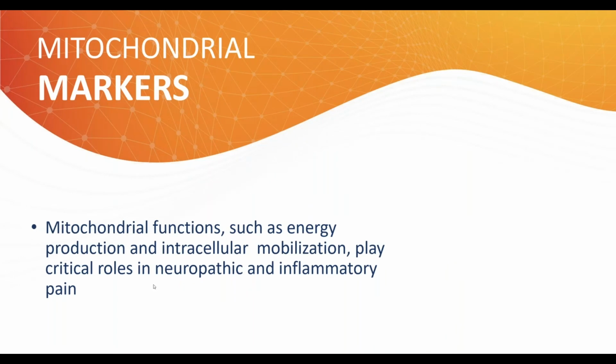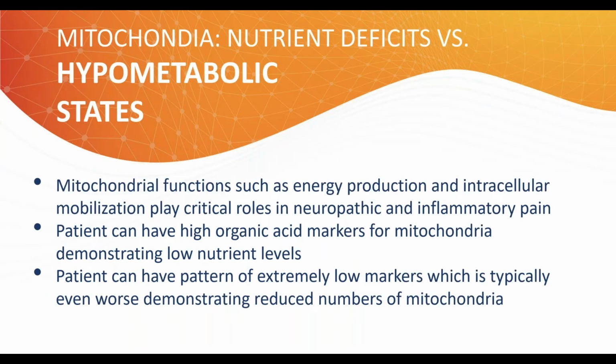So mitochondria markers are pretty straightforward. You have energy production markers, and they play a very important role in controlling inflammation and in the development of different kinds of pain syndromes.